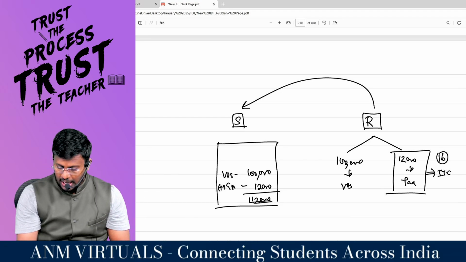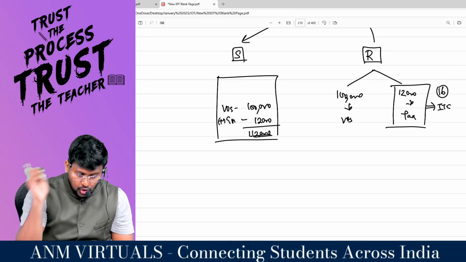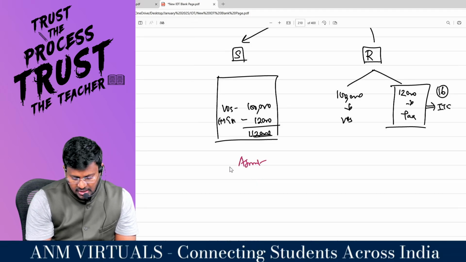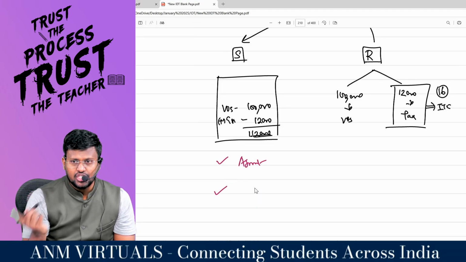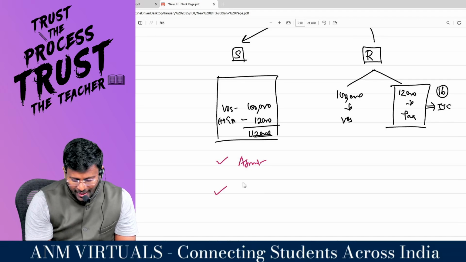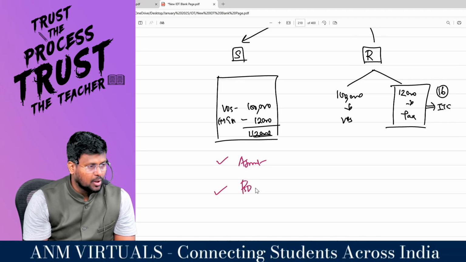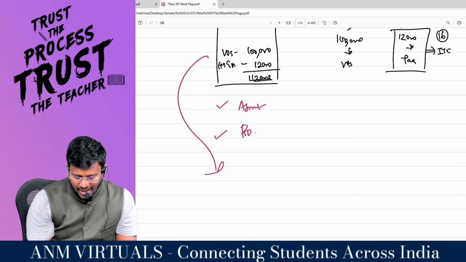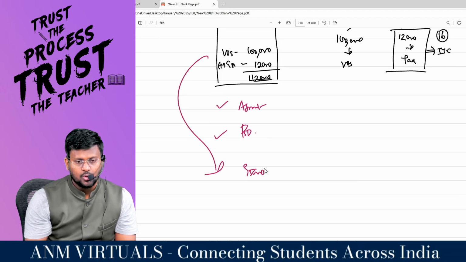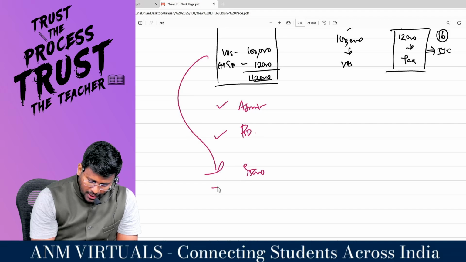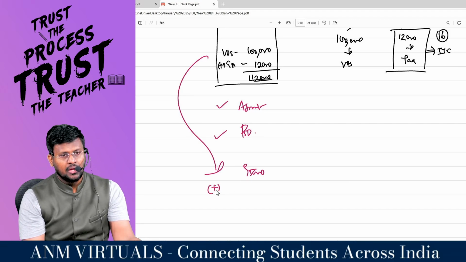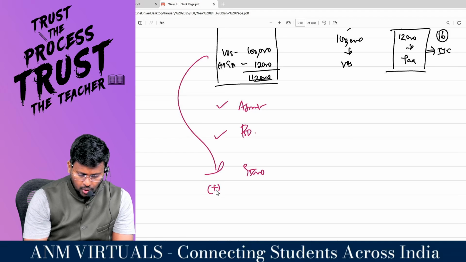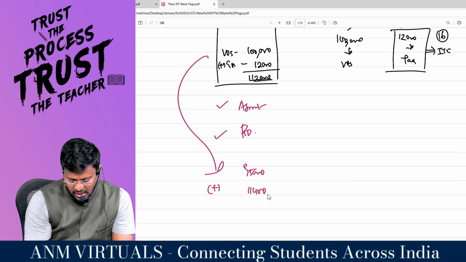After you take ITC, in future I come and say that since there is an agreement between us, and since you have satisfied the condition you were supposed to satisfy, you are entitled to post-supply discount. I am going to reduce this 1 lakh to 95,000 rupees. Once I reduce to 95,000, I should not have charged tax on 1 lakh. So 95,000 into 12%, I should collect only 11,400.